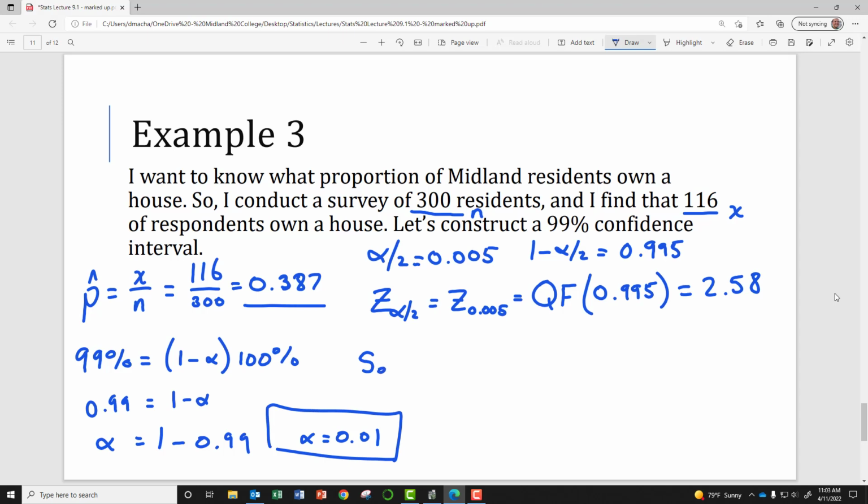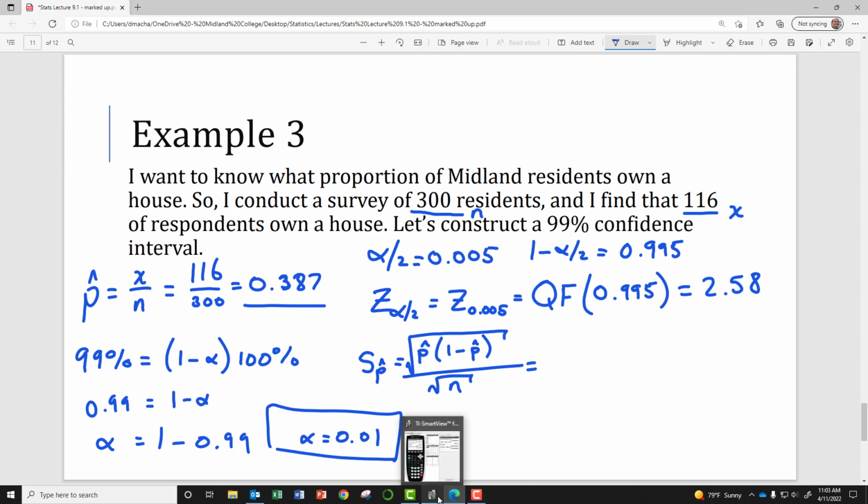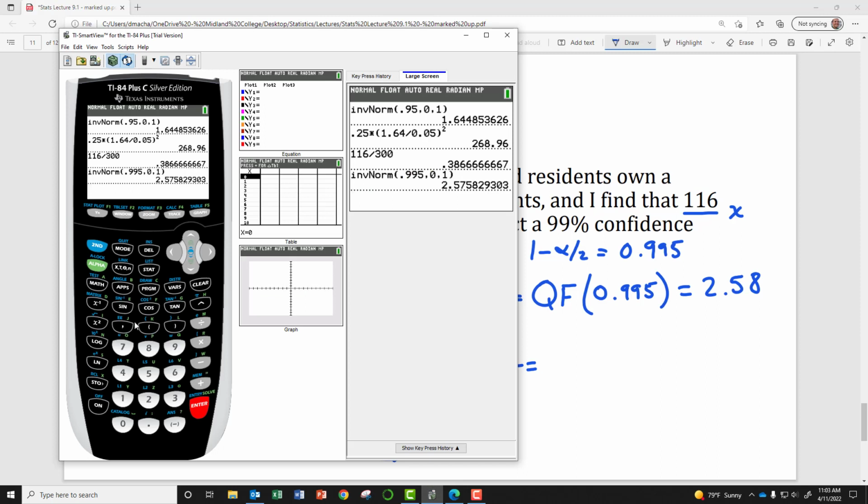This standard deviation of the sample proportion is going to be the square root of the sample proportion times 1 minus the sample proportion, divided by n. And remember, my sample proportion is 0.387, and my sample size n is 300. So this is pretty easy to do in the calculator.